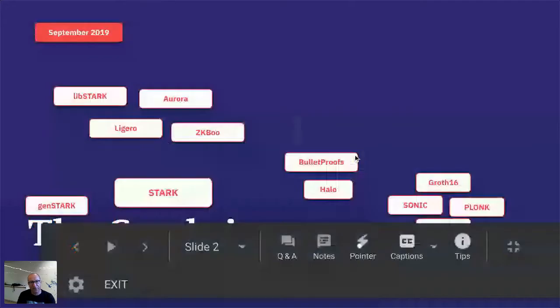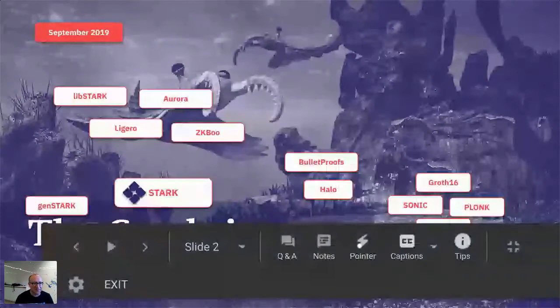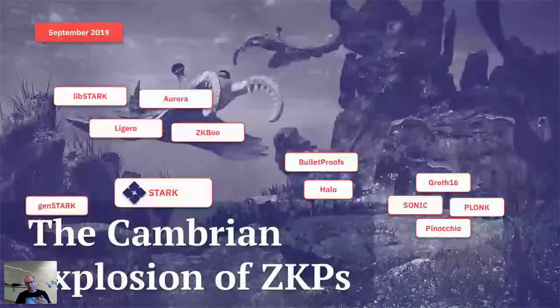When I first used this slide, it was in September 2019, as part of Starkware sessions, and we already talked about the Cambrian explosion of ZKPs. We posted a whole bunch of proof systems that appeared then, and we said, look how many of them there are.